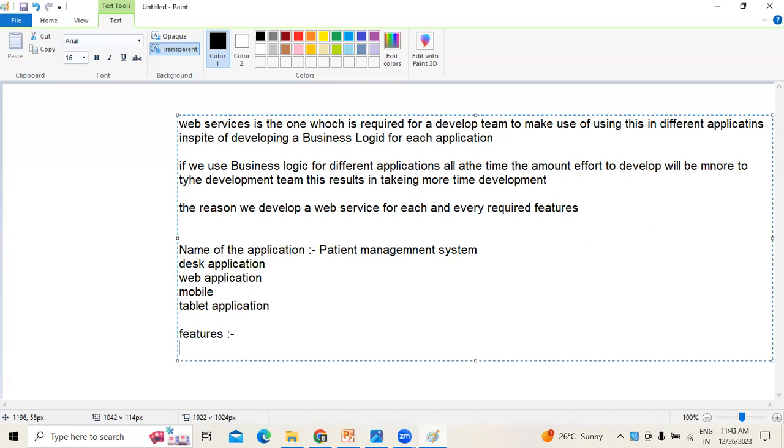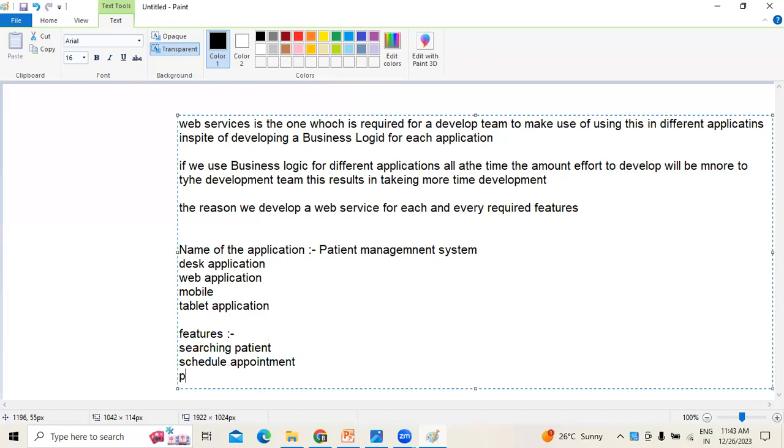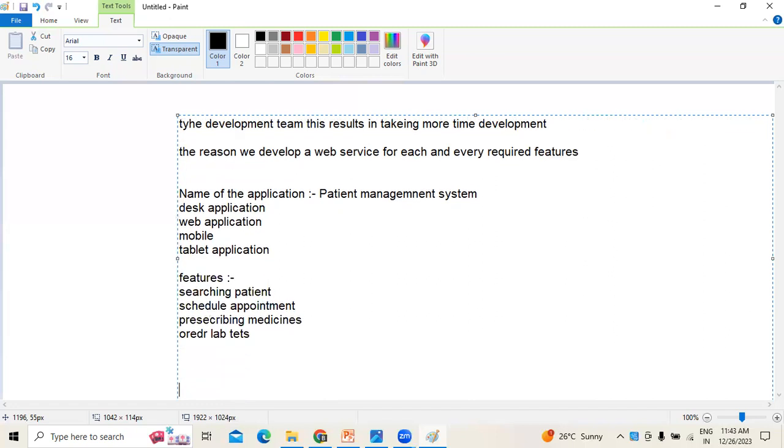For example, searching for the patient is one feature. Maybe scheduling appointments, that can be second. Next, for example, prescribing medicines. For example, ordering lab tests. So these are the different features which we are developing under the patient management system.